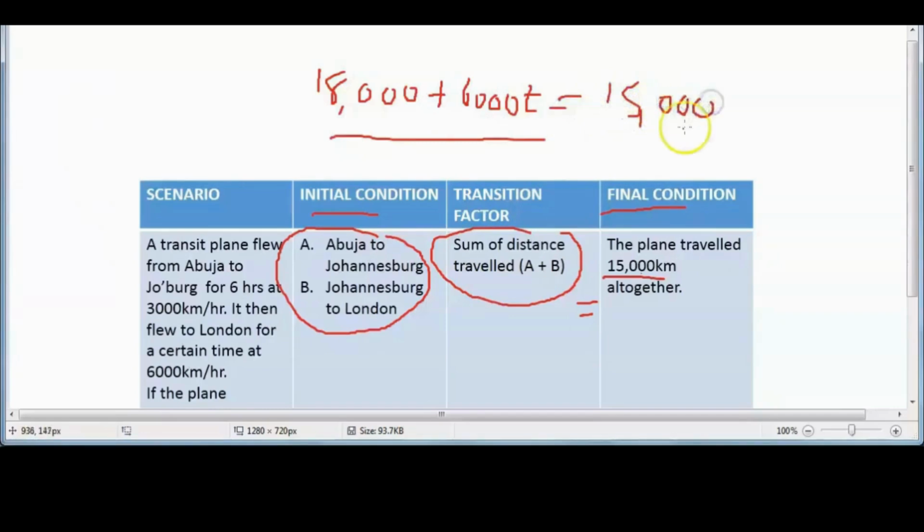So that's it. I hope you have grasped the basic concept of converting statements or sentences into simple equations. Let's meet in subsequent videos.